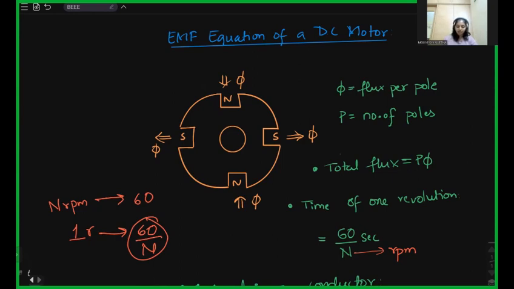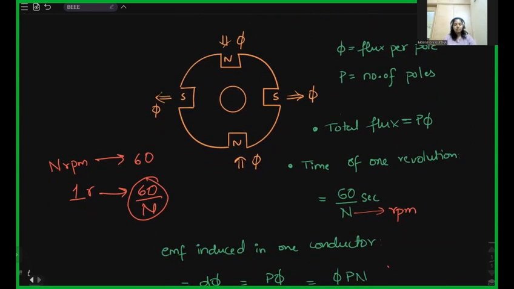And we know that the motor rotates with a certain speed, which is represented by N in RPM, and we know that RPM is basically the number of rotations per 1 minute. So N RPM, basically N number of rotations, is in 1 minute, which is 60 seconds.